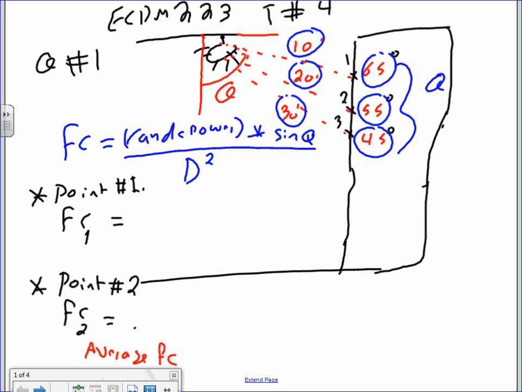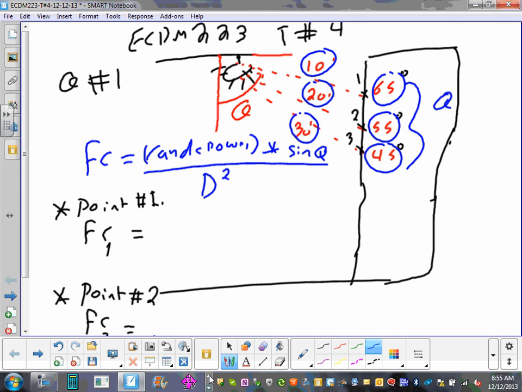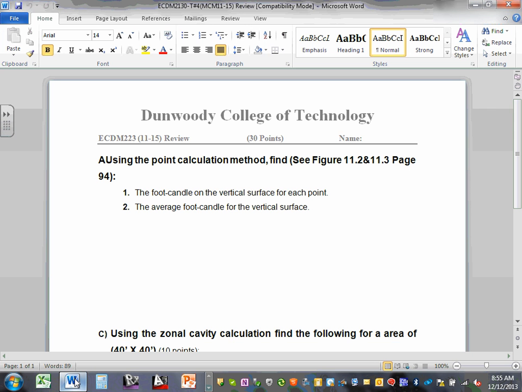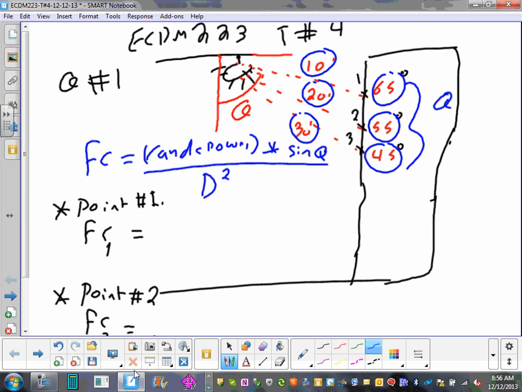The figure that's written on your sheet, I can't remember the number. It's the figure from one of the chapters: 11.2 and 11.3, gentlemen. When you go there, okay, good.